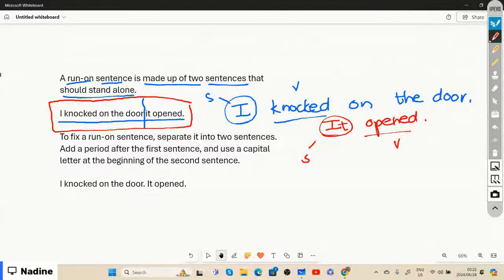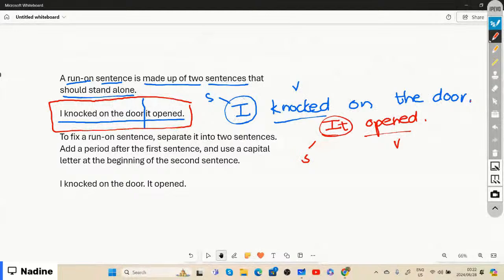And we can fix a run-on sentence by separating it like we did. For example, we say, "I knocked on the door," full stop, like period, sorry, right? Because that is a sentence on its own. And then the second sentence is "It opened," capital letter for "it," "opened," period.